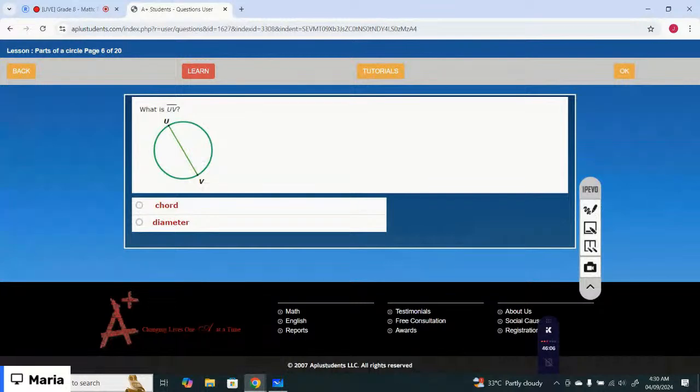What is UV, which is the correct option? The correct option is diameter. It is option number 2 is the correct option.